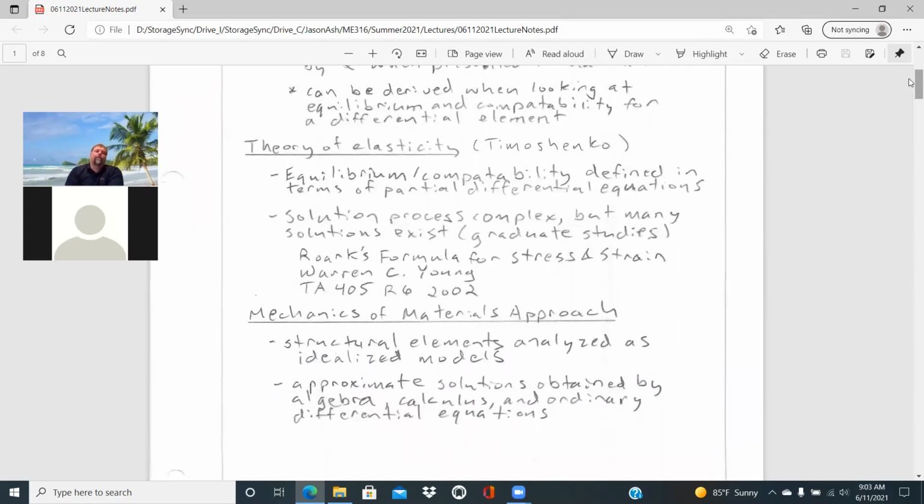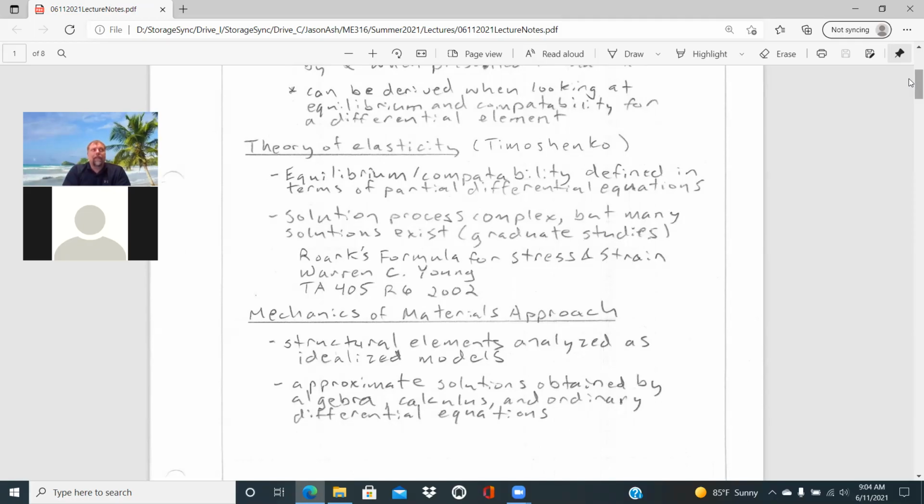And so from different analysis perspectives, kind of what we looked at on Wednesday with axial loading, direct shear loading, we're really just drawing a free body diagram and seeing what the internal force is, calculating an average stress. And so that gets to be more of the mechanics of materials approach down below.